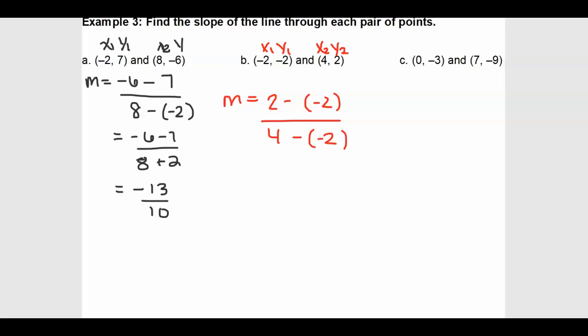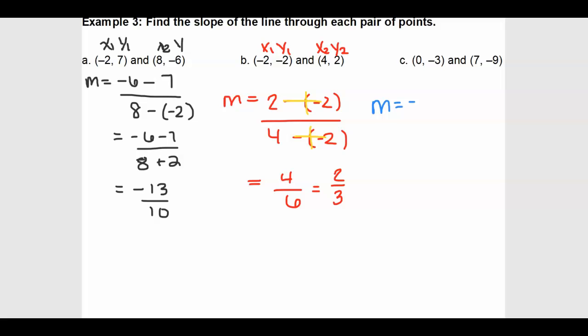And again, changing the minus a minus to a positive, we get 2 plus 2, which is 4, over 4 plus 2, which is 6. Now, 4 over 6 can reduce by dividing top and bottom by 2. So you can reduce your fractions, but do not change your fractions to decimals. We can reduce and simplify, but not make decimals.